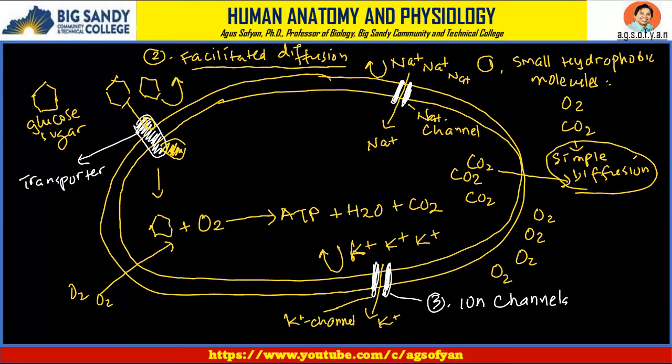So bigger molecules like glucose will move by facilitated diffusion using a transporter. Ions will also move by facilitated diffusion using the ion channel. So this is how molecules can enter or exit the cell, using simple diffusion and facilitated diffusion.